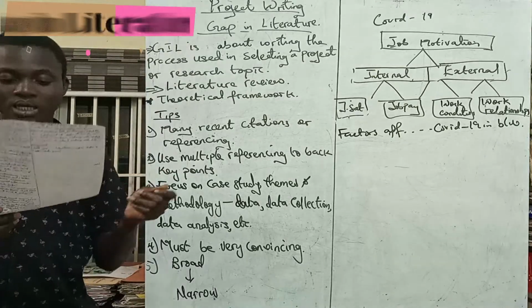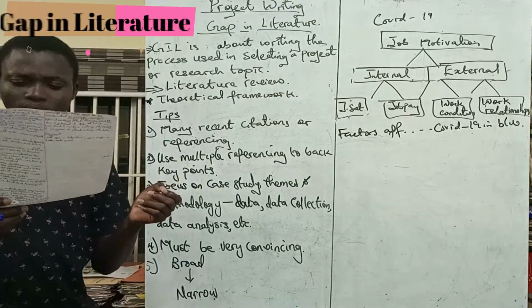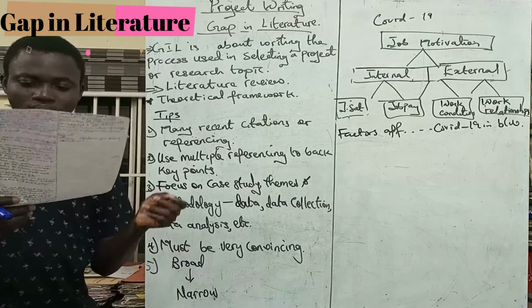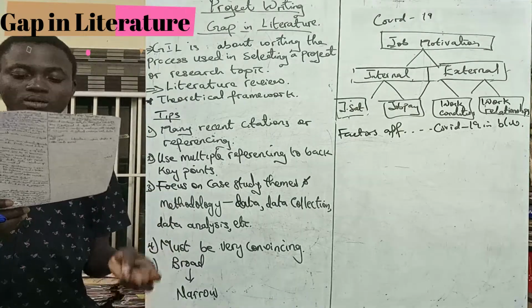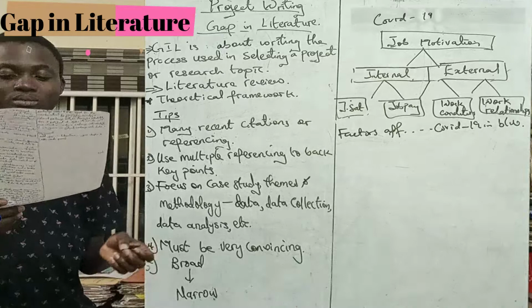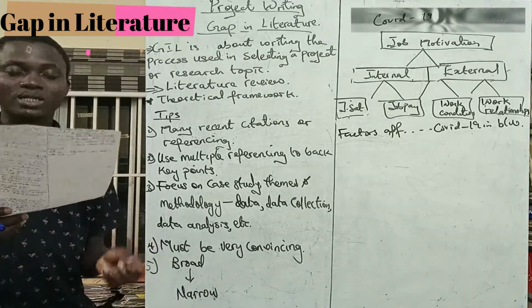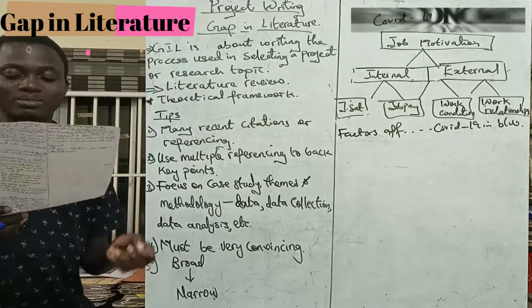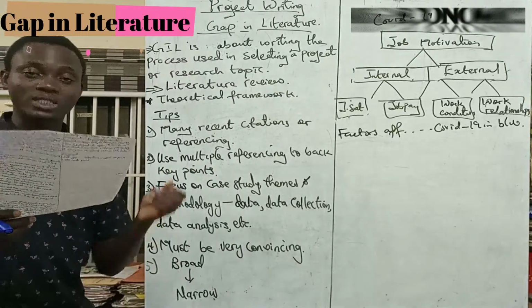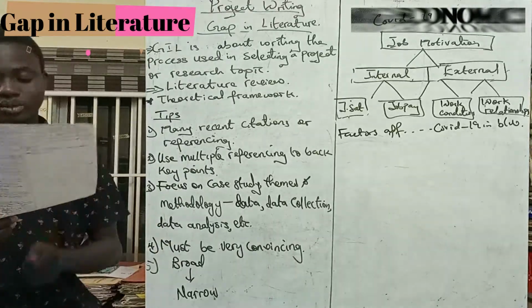Let me read it again. However, not much study on the bank's customer relationship management and customer satisfaction has been carried out in Ado-Ekiti, especially considering the fact that First Bank has been present there for 7 years. Bimbo 2022.